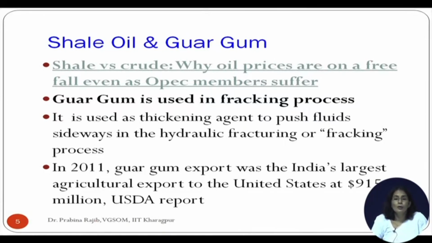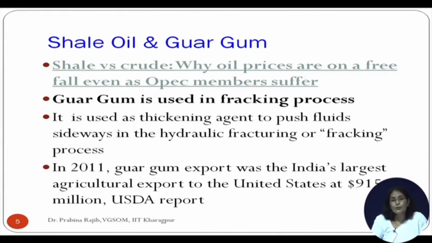Almost all countries which are major consumers of crude oil without having significant production volume have benefited from the decline in crude oil prices. But India has benefited from another angle, that is, guar gum is used in the fracking process.